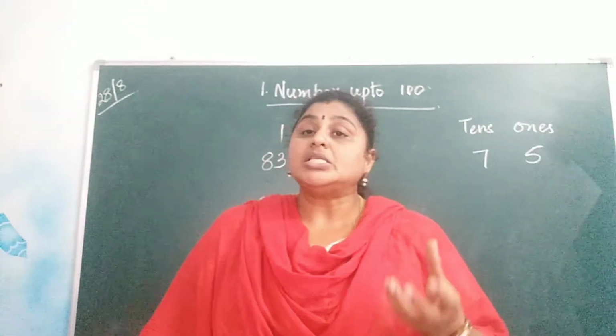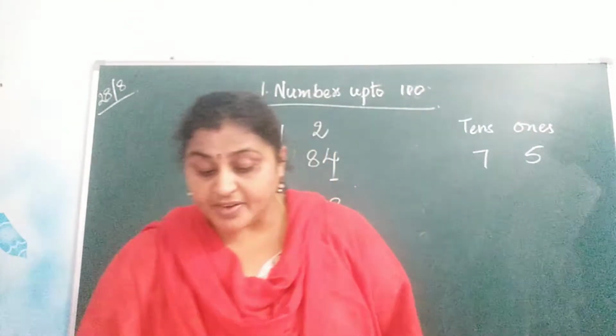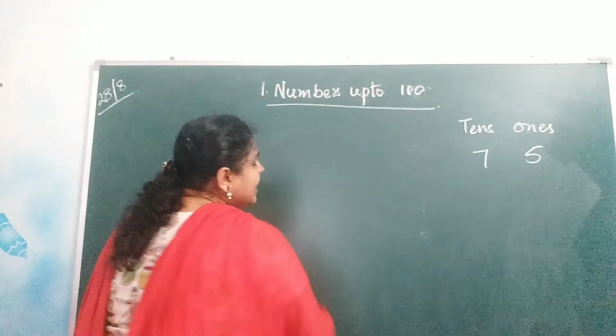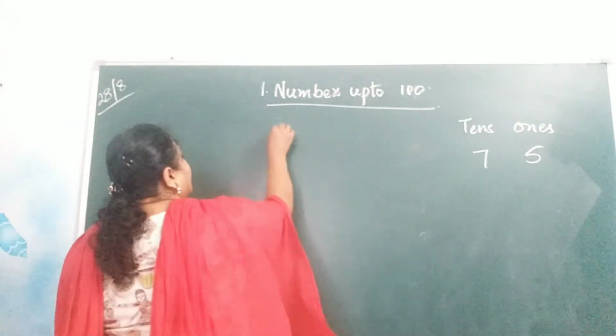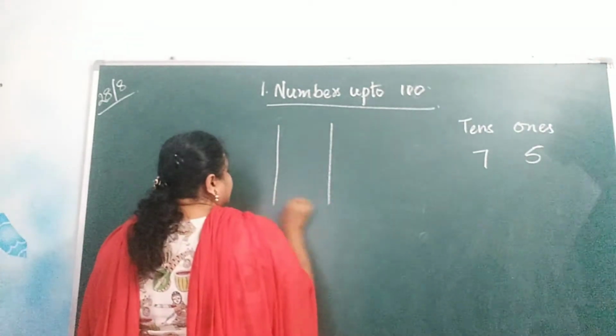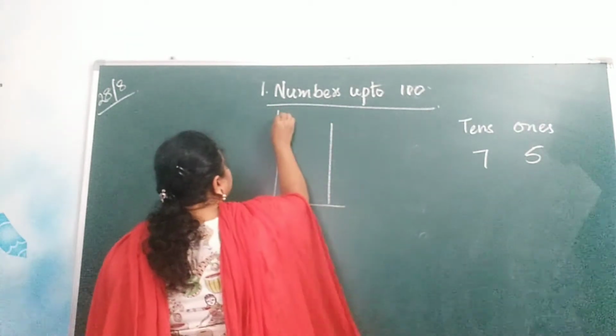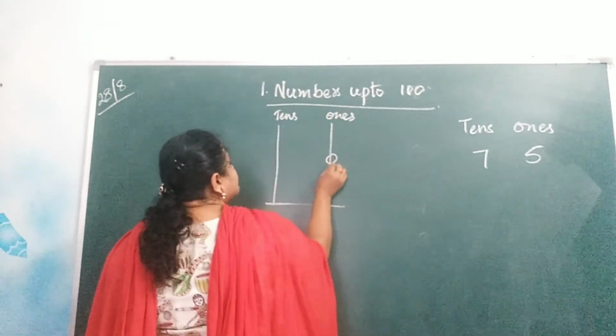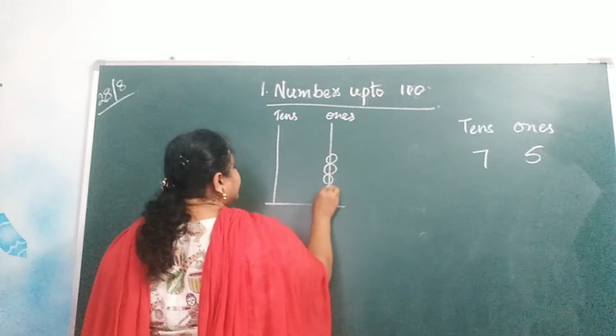You have to see the number of beads in the given abacus. Very easy, children. See, they have given you an abacus, alright? Okay, this is tens and this is ones. So I'm just drawing a few beads on this, children.